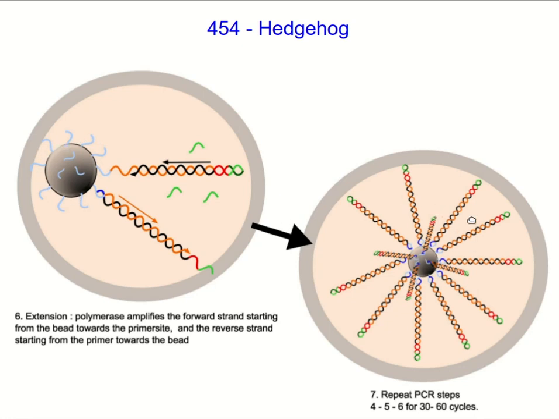If we do this enough times, we end up with this hedgehog structure where the bead is actually full of these molecules. In a subsequent step, we wash away the DNA that is not covalently attached to this magnetic bead.